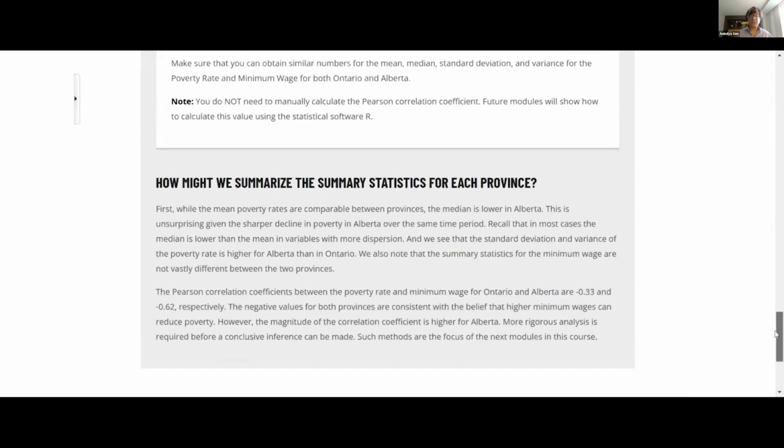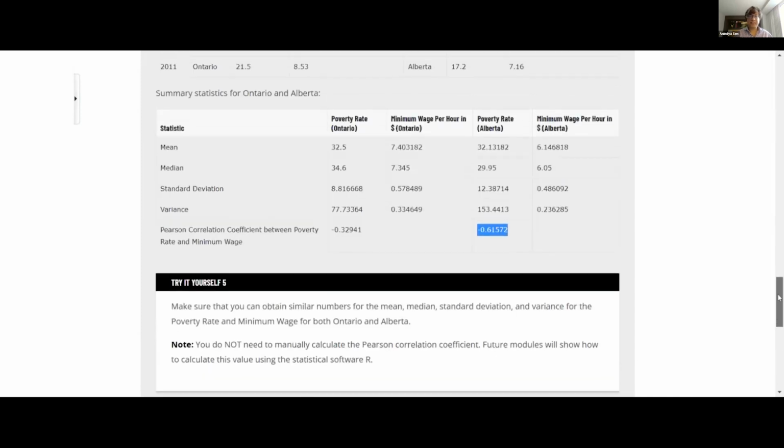So what it's telling you is that as the minimum wage goes up, it's associated with, remember, it's not causal, we'll be very specific about that, the poverty rate going down in Ontario and in Alberta. But you get a much higher correlation in Alberta, 0.6. I'd say this is getting to be high, than in Ontario, which is pretty modest. So that is the story which comes from just looking at summary statistics.